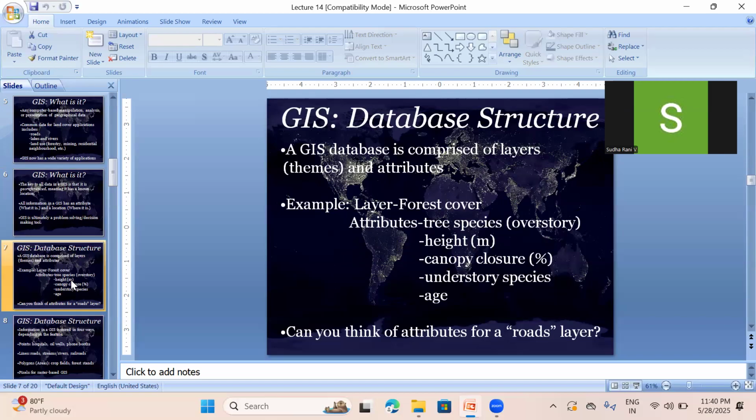In the GIS database structure, a GIS database is comprised of layers and attributes. Example for layer: forest cover; attributes: tree species, overstory height, canopy closure, understory species, age.